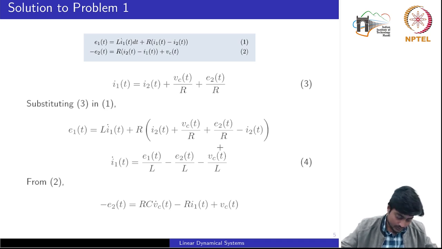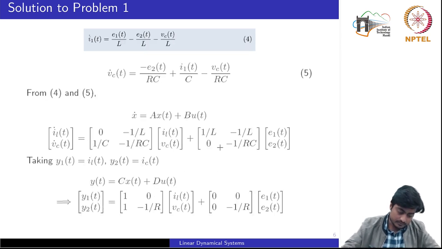Going forward with some more simplification, we obtain this equation 5, which is Vc dot equal to again a function of the input variables and both these states, and I1 is nothing but equal to IL.